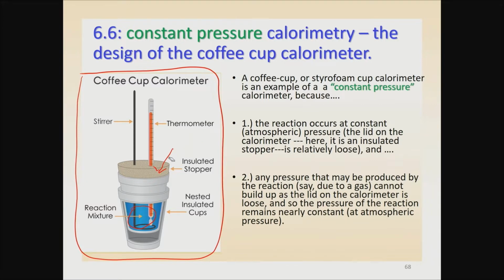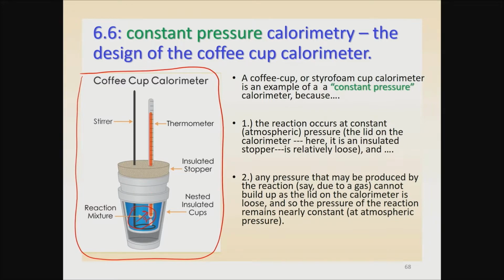Now, there are a few other things I need to mention that are part of this constant pressure calorimeter. So again, we have this chemical reaction here, and it is going to be inside two nested coffee cups. And so what is the purpose of the coffee cups? Well, the purpose of the coffee cups is as follows. We have a chemical reaction going on inside, and so the heat that is generated from the chemicals, we want all of it to go to the water such that the thermometer picks up any heat changes that occur in the water.